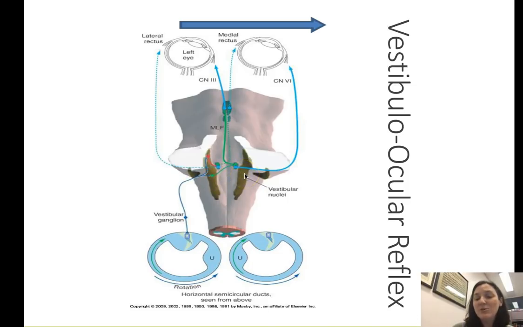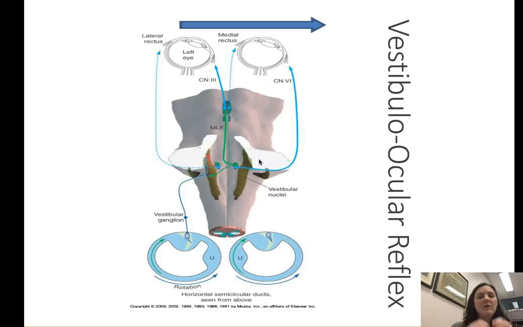Then the vestibular nuclei talk to the sixth cranial nerve to activate the gaze to move to the right to compensate for the head rotation, and back to the left, so that it always stays front. Does that make sense? The head turns this way, and then you activate the eyes to keep them here. And this is spontaneous. This is an amazing process because it happens instantaneously.